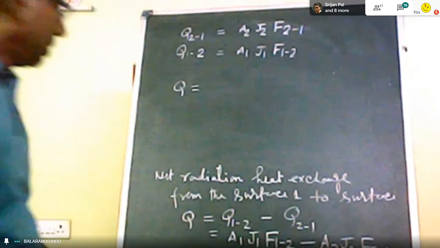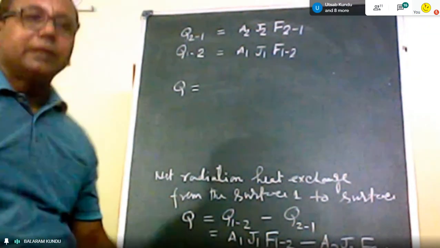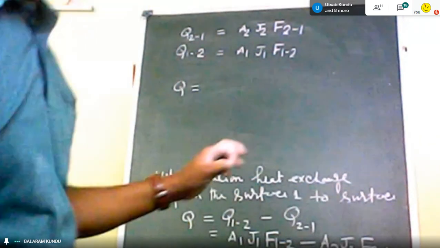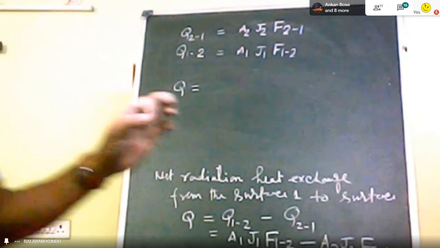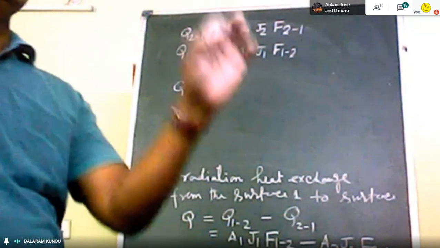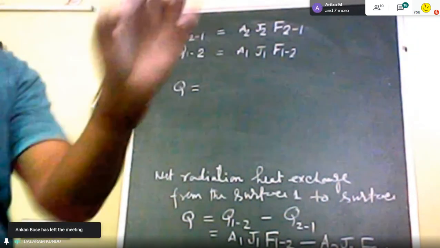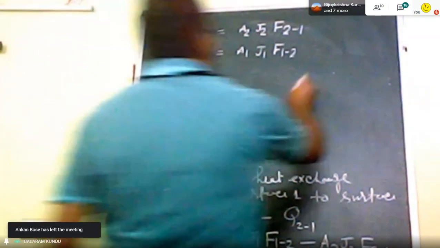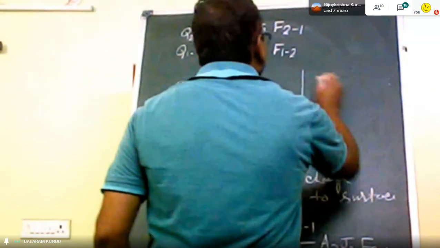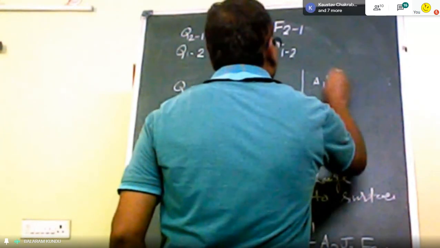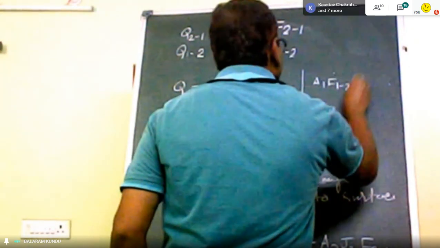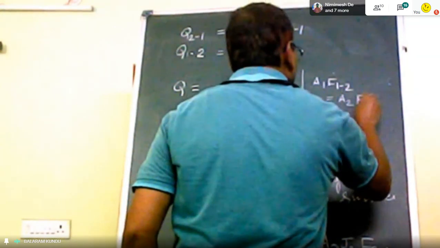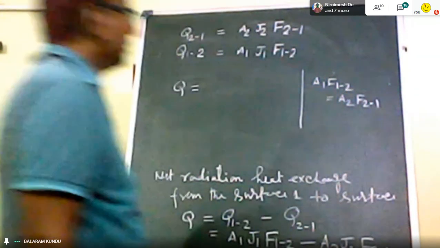So we can consider here the reciprocity relationship of the view factor. We know that A1 F12 should be equal to A2 into F21.